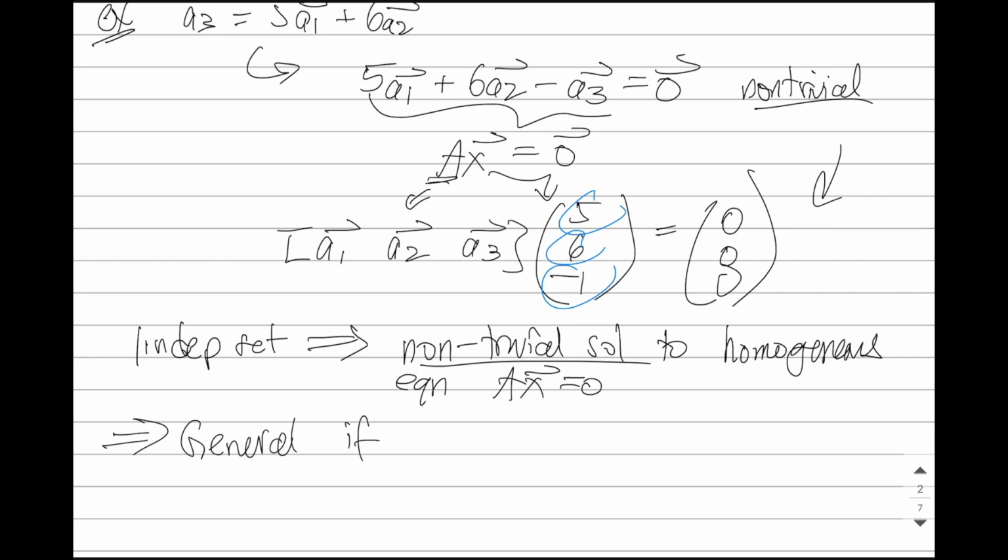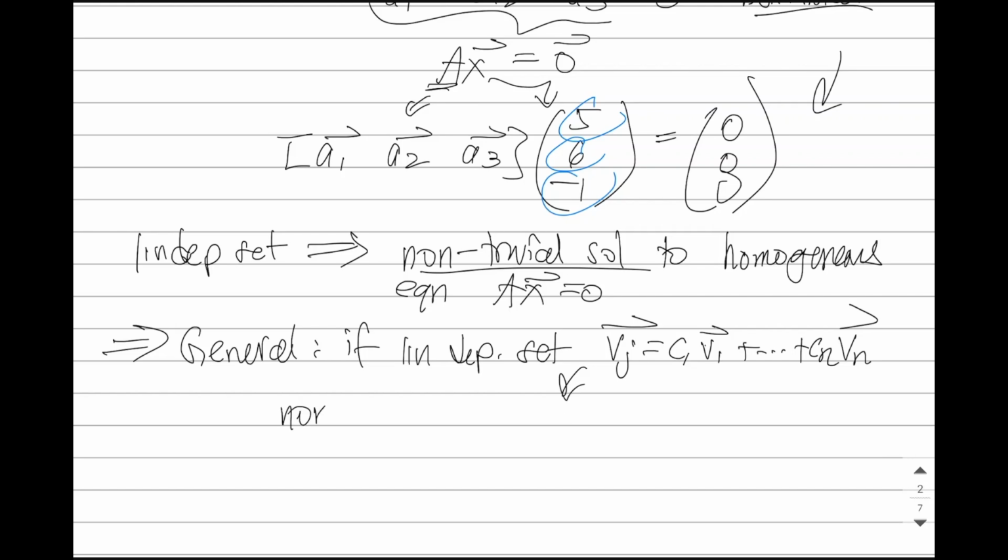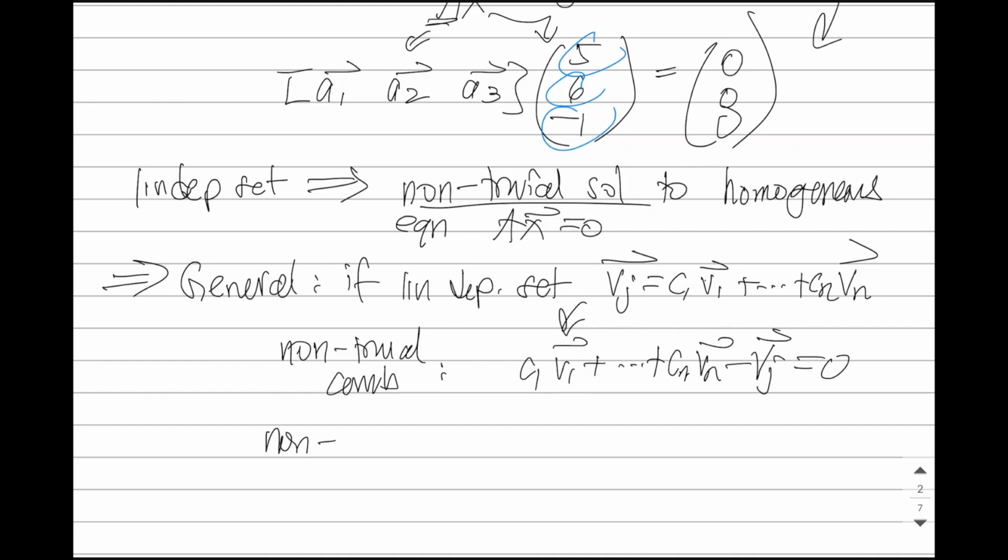So this allows us to generalize. If you have a linearly dependent set, one of the vectors is a linear combination of the others. You will be able to rewrite this as a non-trivial combination that gets you a 0. So you'll have c1 v1, all these other vectors down to vn, minus one bunch of vj is going to give you 0. And so what that's going to do is produce a non-trivial solution to this Ax equals 0, this homogeneous equation.